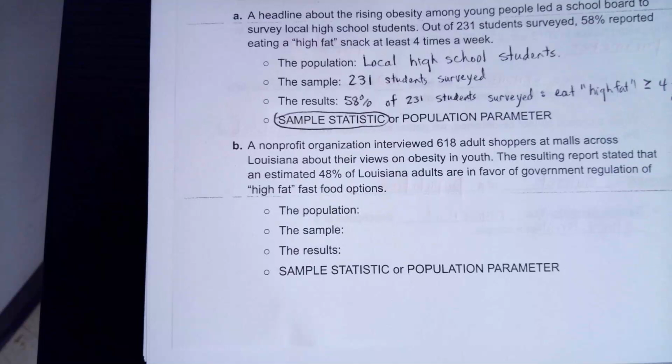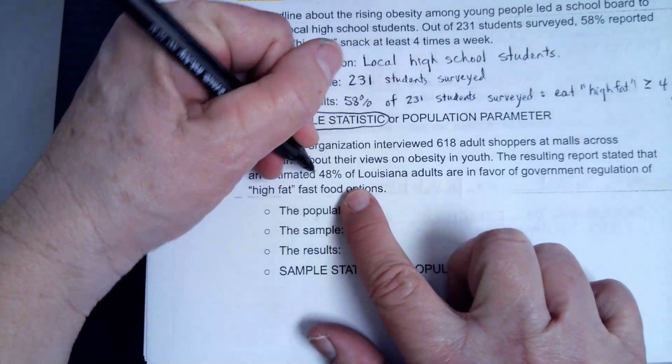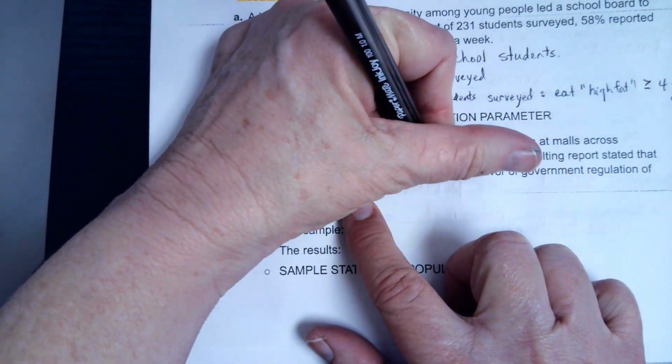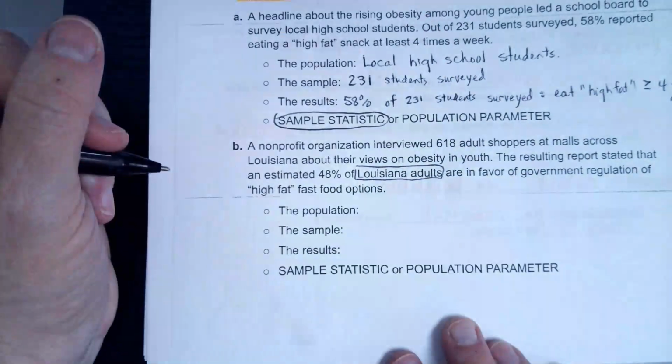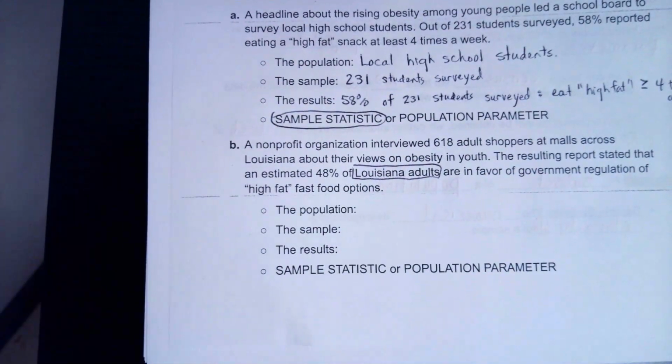The population is Louisiana adults. Okay, the population in our results, we're talking about all of the Louisiana adults. So, did they interview, are there only 618 adults in Louisiana? Would it be practical for this nonprofit organization to interview every adult in Louisiana?